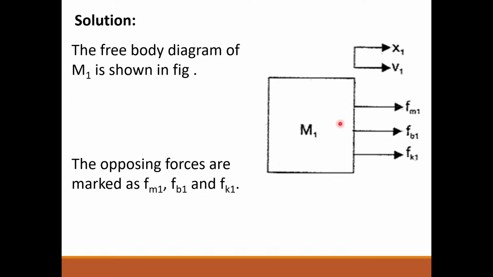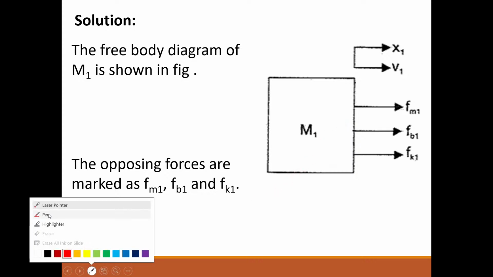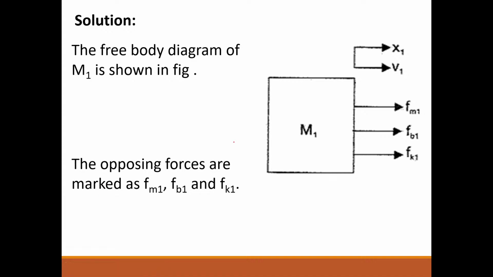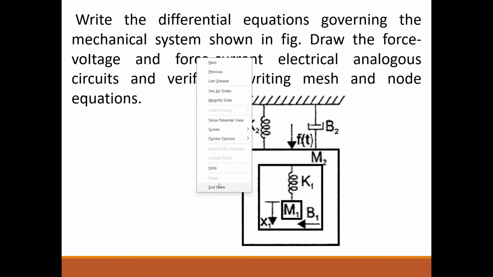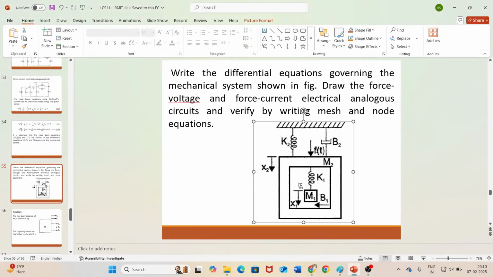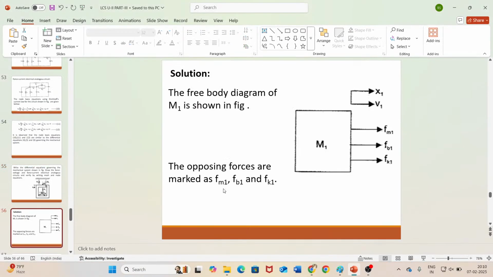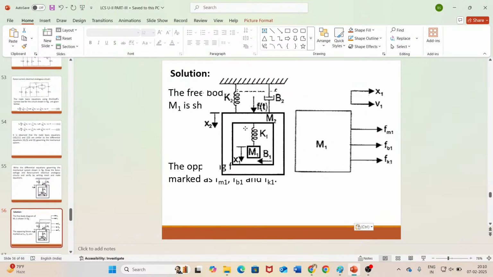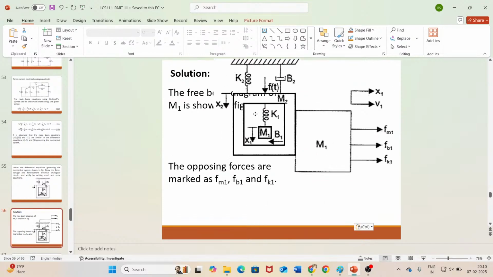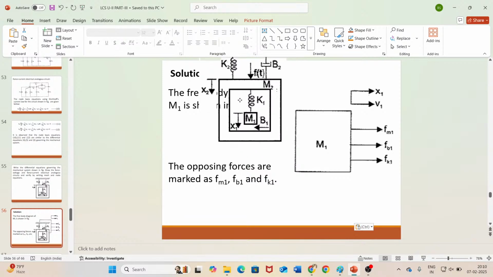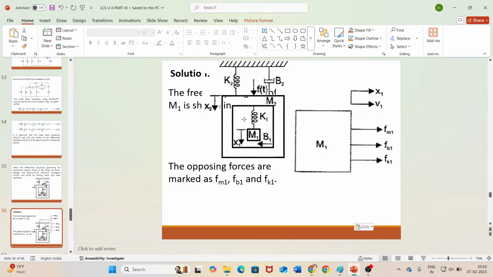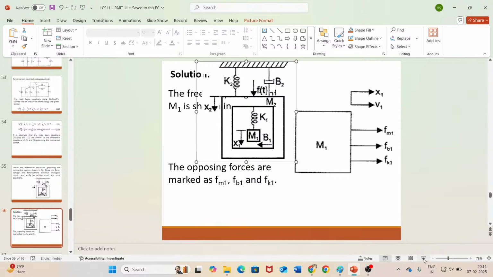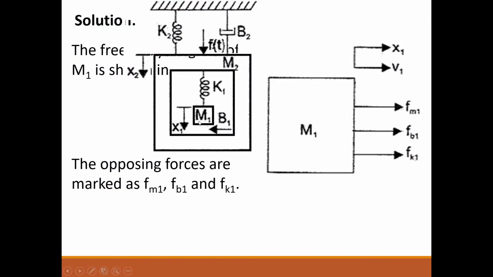And what are all the opposing forces at m1? I'll just copy the diagram here so that we can compare. Opposing forces at m1: one force is due to the mass itself, m1, another opposing force is due to b1, another opposing force is due to k1.